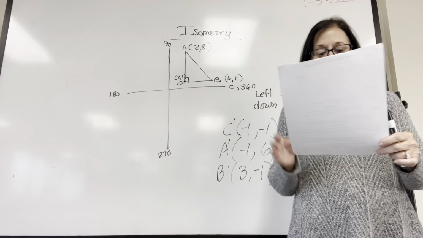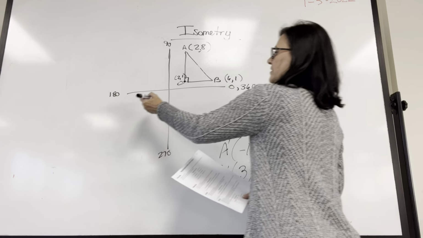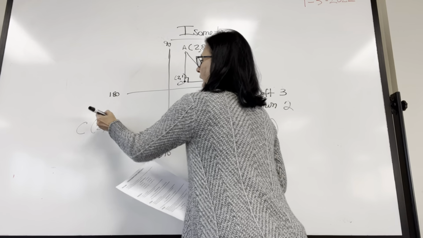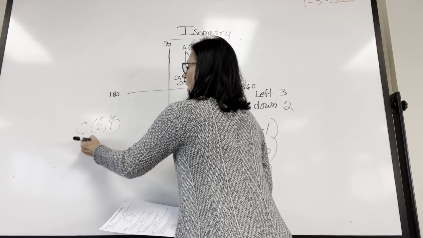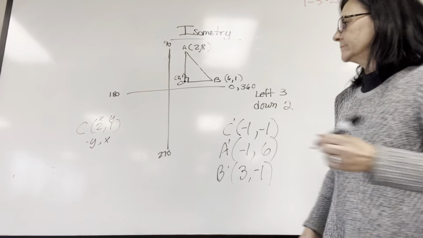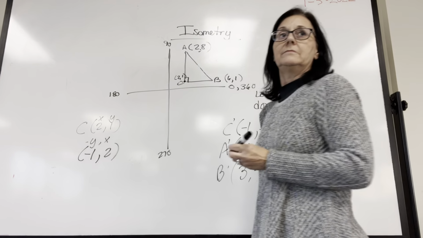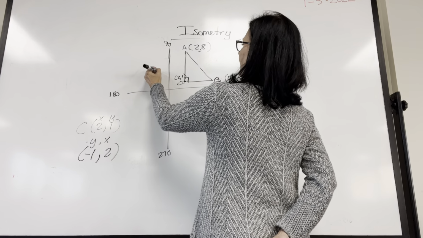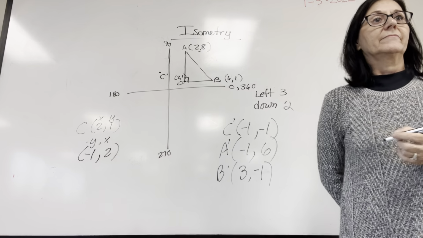All right, but counterclockwise, the 90 degrees, the X, Y goes to, so this C, this 2, 1, look what happens to it. It's negative Y, X. You see that? So it's negative 1, 2. Negative 1, 2 would be like up here. That would be C prime. Got it?